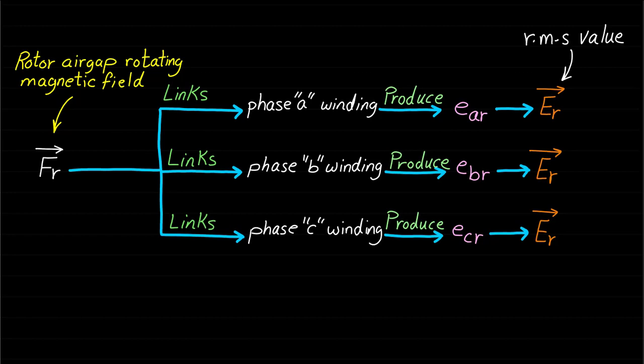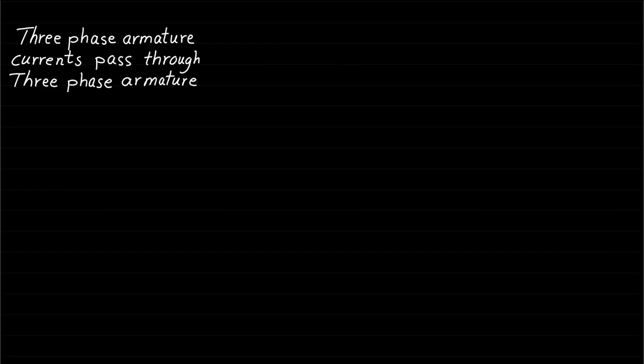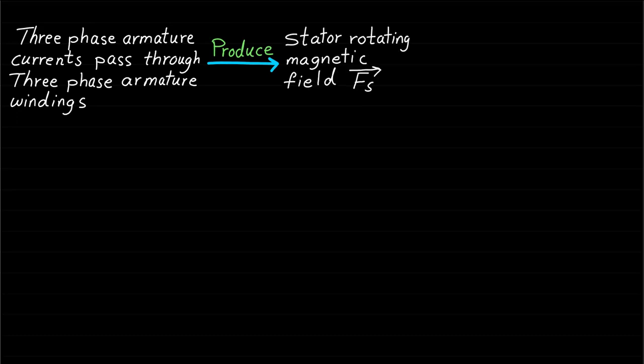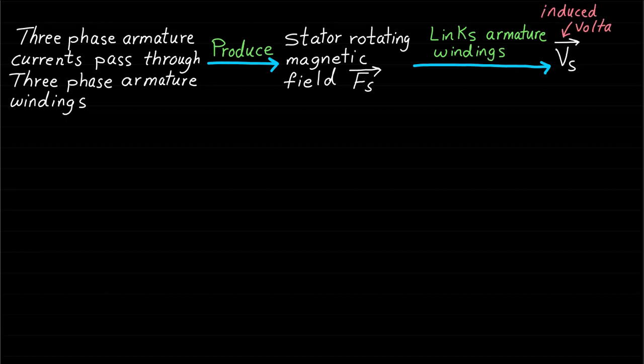Now let's summarize some important points about the armature or stator induced voltage. When three-phase balanced armature currents pass through three-phase armature windings, a stator rotating magnetic field in the air gap will be produced. This stator rotating magnetic field will link the armature windings and induce voltages in the armature windings.